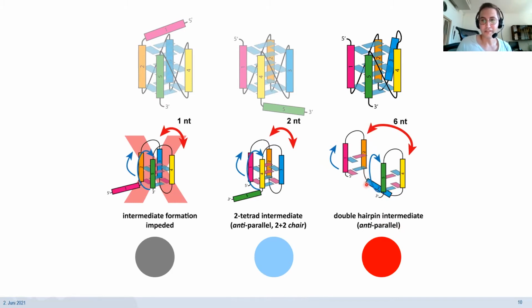And this results in a kind of frustrated double hairpin intermediate state, which at higher temperatures is easy to overcome and fold into its global minimum. But at lower temperature, this becomes a real kinetic trap. And this explains the bipartite kinetic behavior of this conformation.